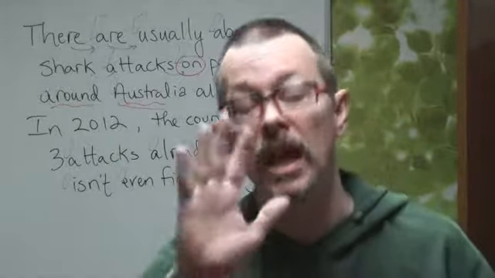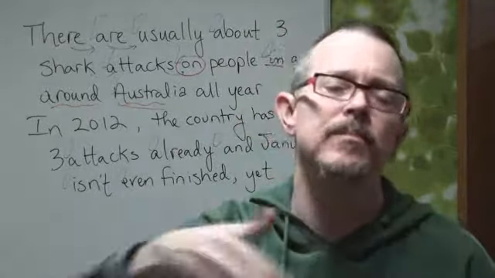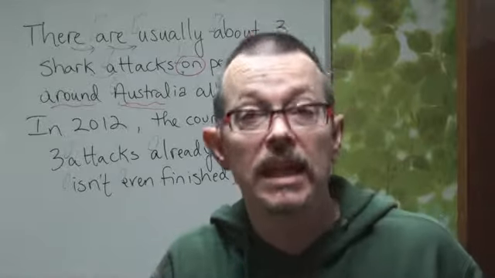It's in the ocean. But in Australia, meaning the country, regarding the hospitals, the shark attack victim comes to the hospital. In and around means in the vicinity of, in the area of, near, around.